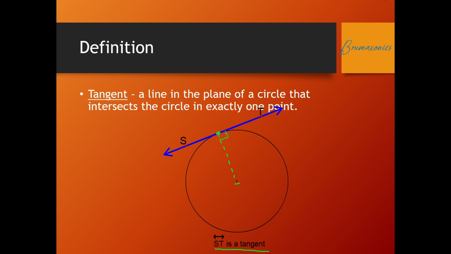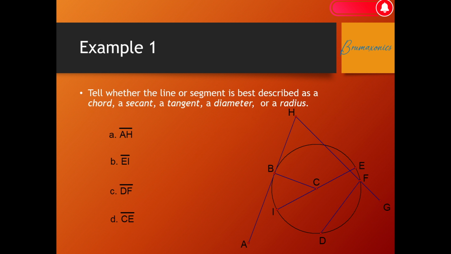So now let's try to have all of the angles combined, right? Or maybe not just the angles, but these different definitions. So now you can see that with this example, we have the tangent, the chord, and the secant.